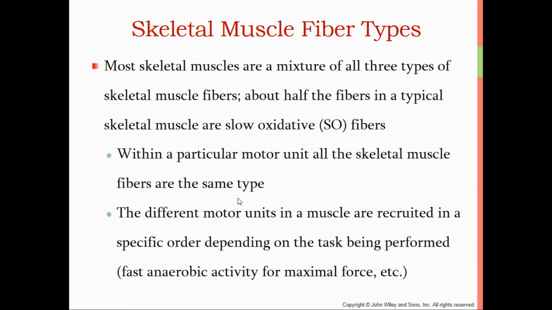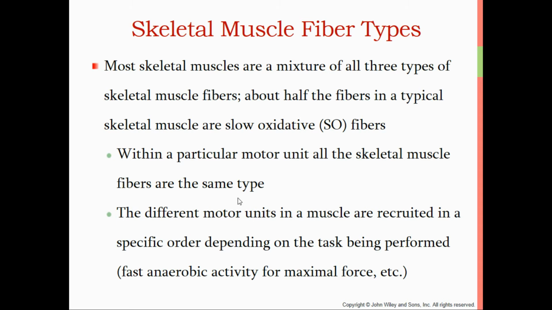So that means neuron A is only going to be controlling fast twitch red, and then neuron B is only going to be controlling slow twitch red. And then there'll be another neuron that will control in any given area your fast twitch white. You're not going to have neuron A controlling a section of fast twitch white and slow twitch red at the same time. It just doesn't work that way.